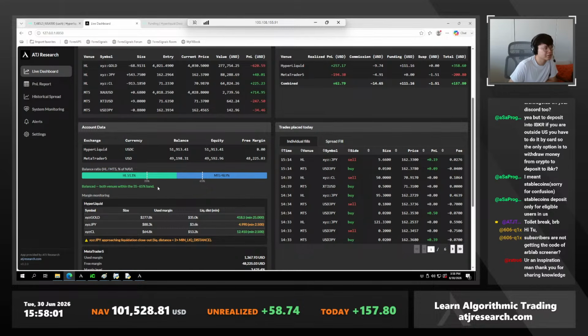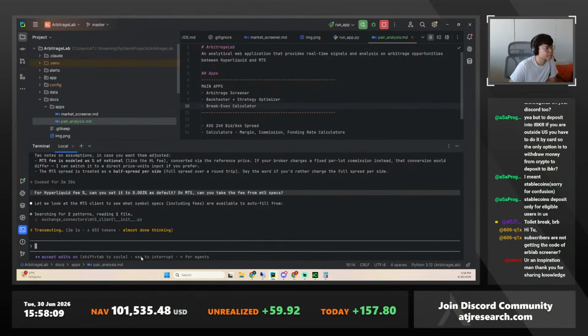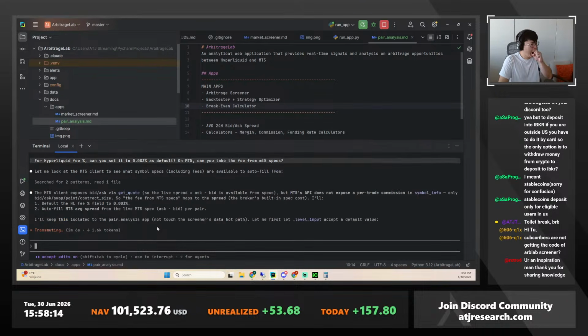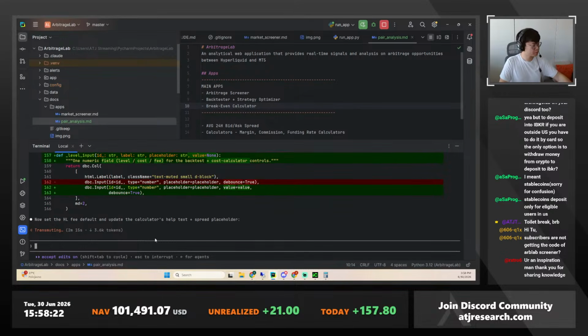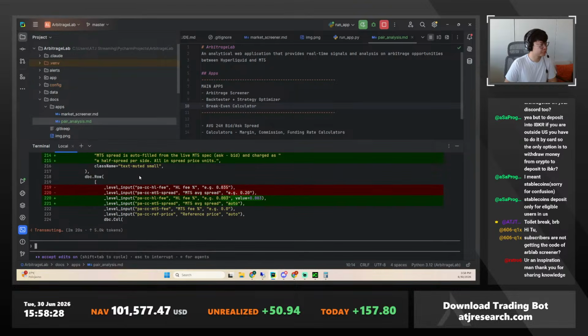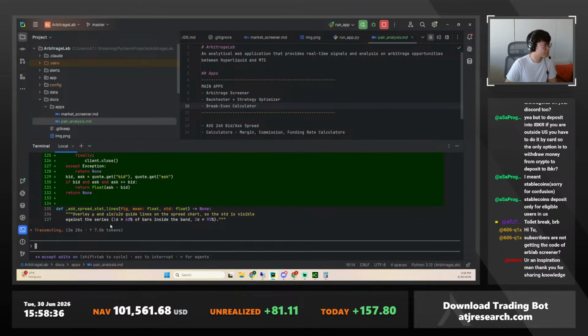And the less we rebalance, the more efficient both sides are also. Okay, this looks pretty good.